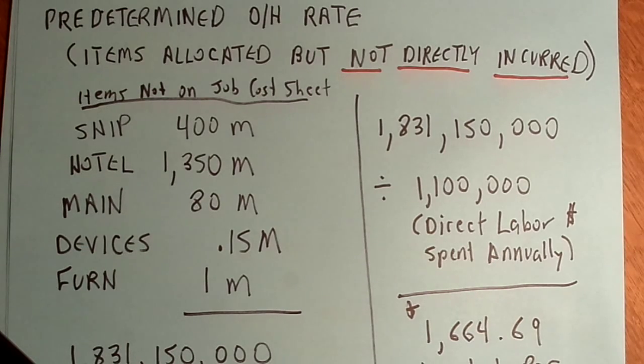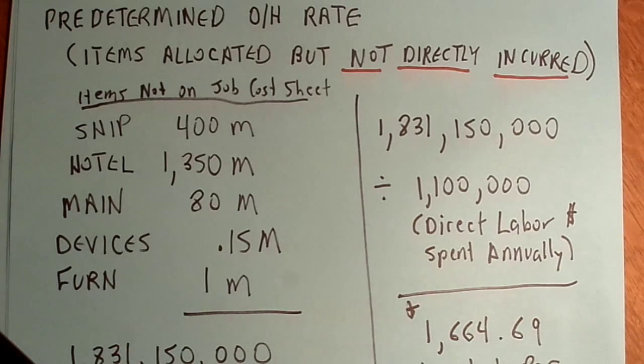What we mean here is these are the things that are not on the job cost sheet. So we don't have any direct labor, don't have any direct materials. Those things are not overhead. We also don't have any overhead that we could specifically show as incurred, like, for example, the day trip and the climate suits and so on.